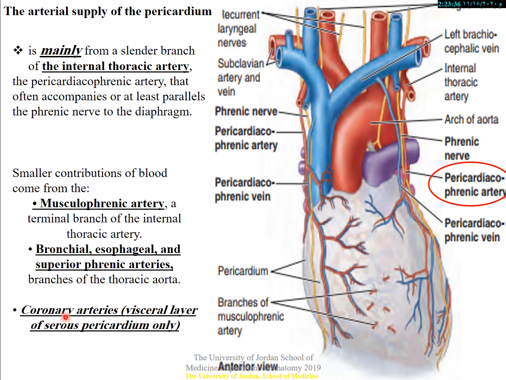So as simply as it can be, the main blood supply for the pericardium is this long artery, the internal thoracic artery, as it passes on the pericardium, and of course it takes from other nearby sources such as the bronchial, esophageal and superior phrenic arteries, and the visceral part takes from the coronary arteries.